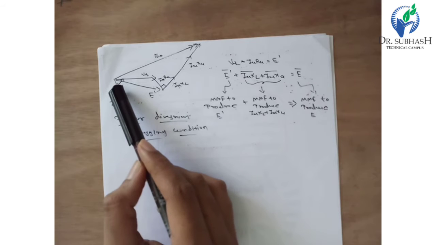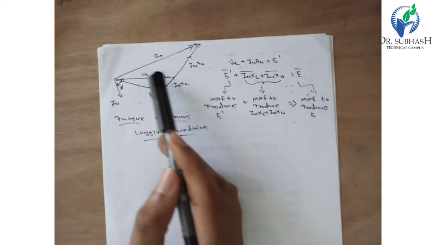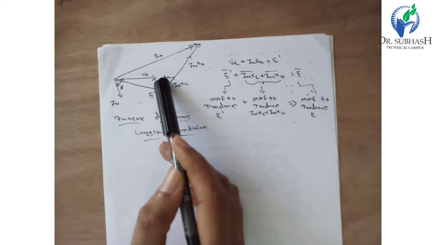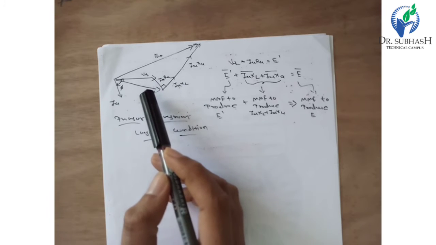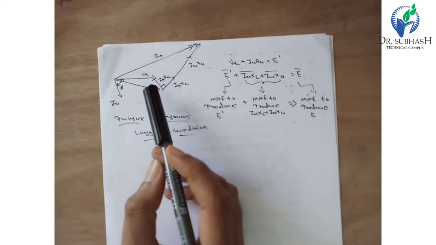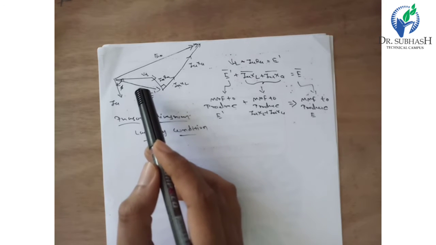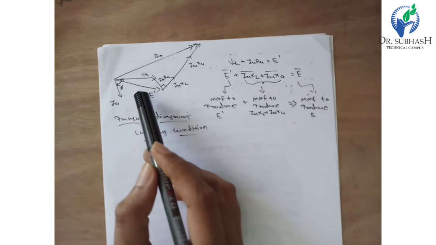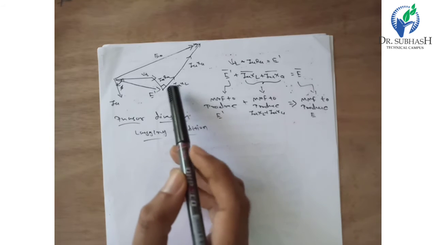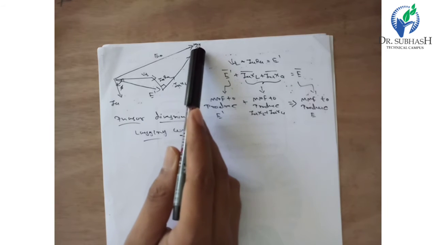Then draw the armature resistance drop at the tip of the terminal voltage Vt, parallel to the armature current, to get the resultant of the terminal voltage plus the armature resistance drop. Now let the field MMF required to produce the armature reaction and reactance drop be as given.